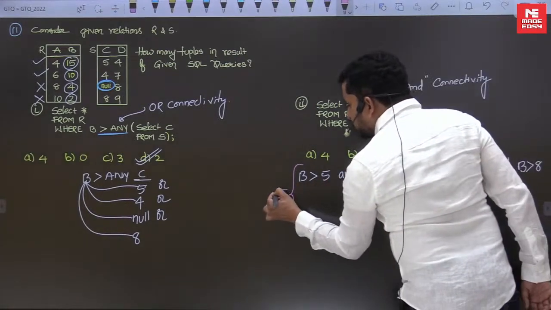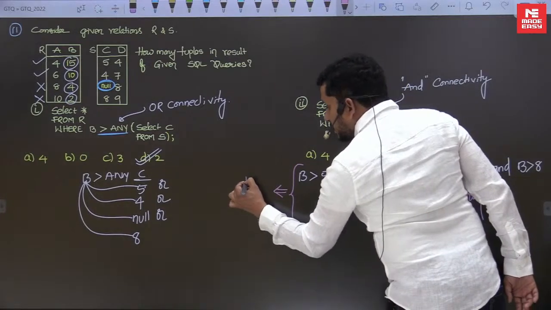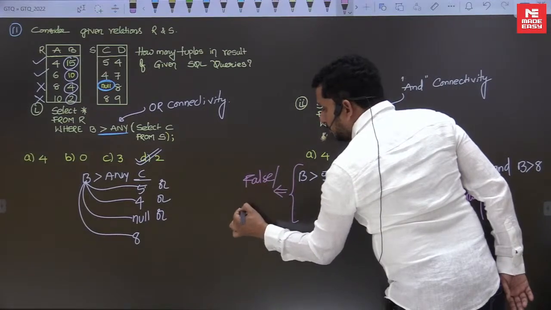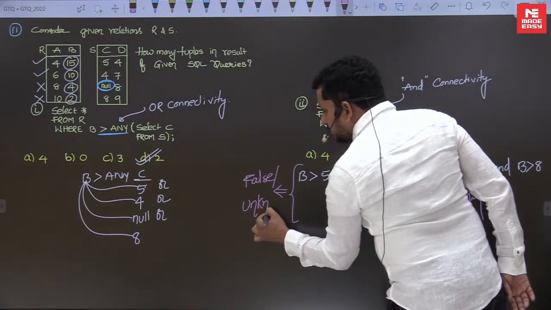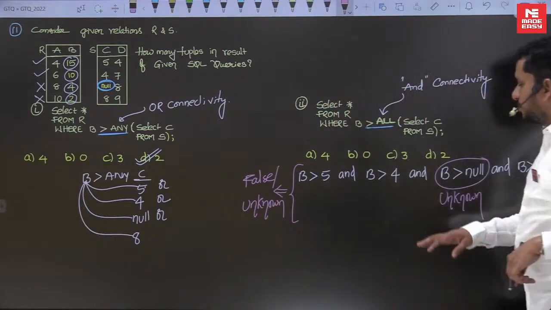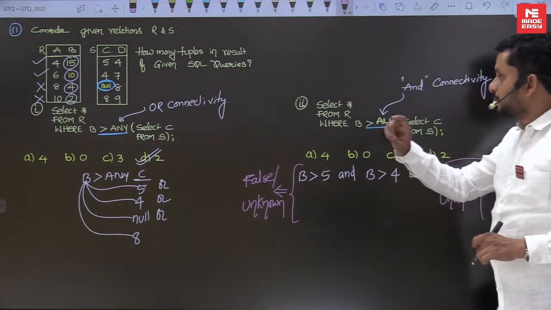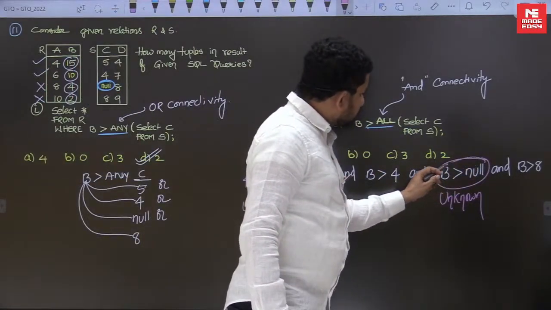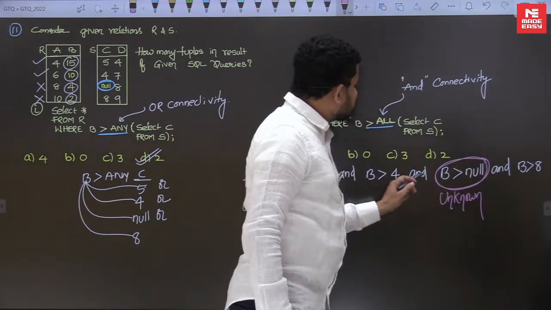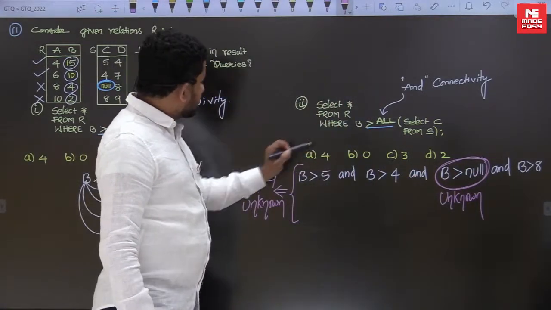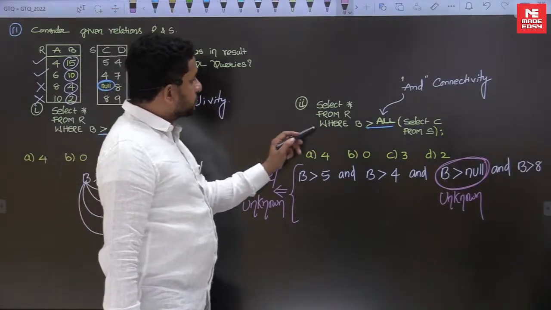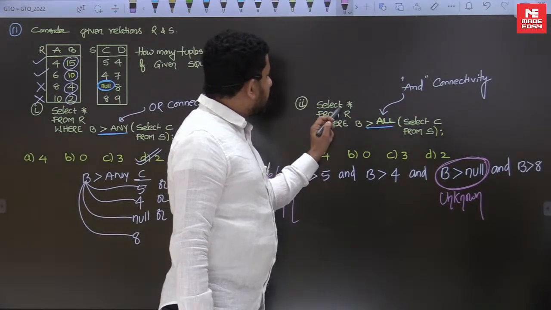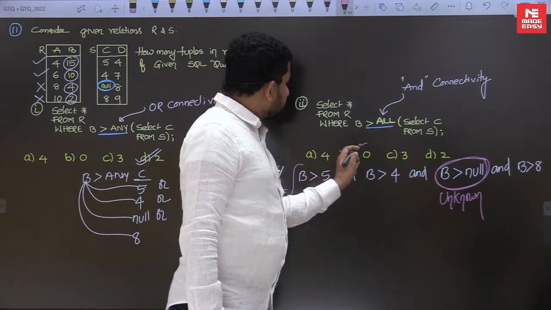The result of this expression is either false or unknown. There is no chance to get the result true. Okay, so whatever the B value we consider, because of this null comparison and AND connectivity, the result of this where comparison is either false or unknown. So the result is never true, so no record of the relation R is in the result. Okay, so 0 records are in the result.